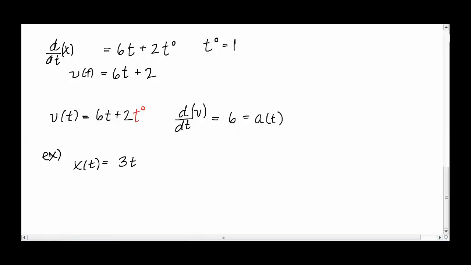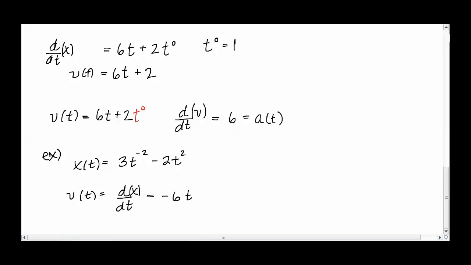Position versus time. Let's say we have 3t to the negative 2 minus 2t squared. All right, so if we find the velocity, we have to take the derivative, so d dt of that position function. First term, negative 2 times 3 is negative 6.